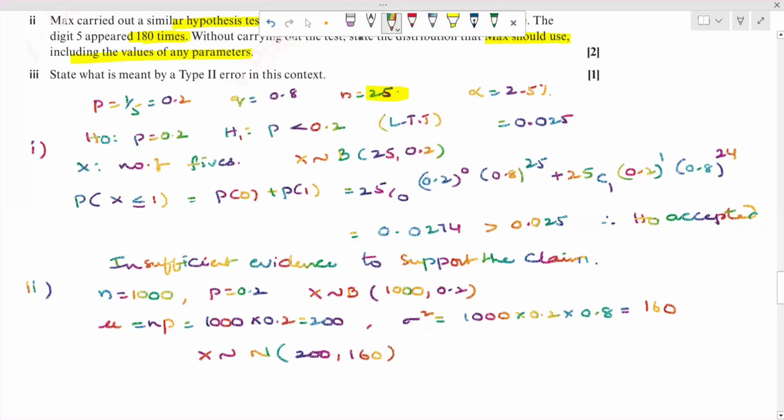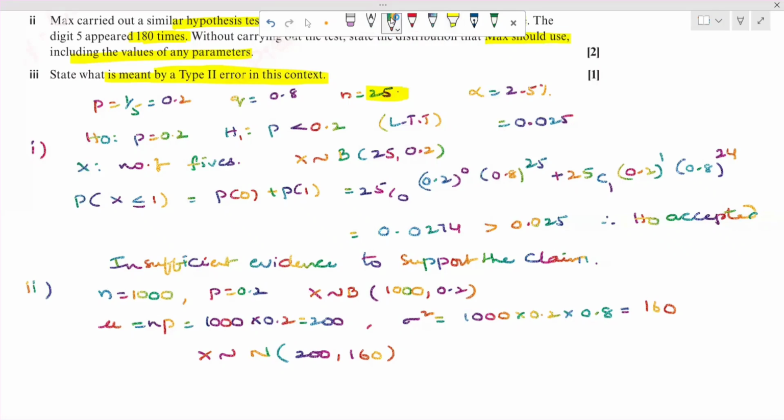That's it. Now the third question: state what is meant by a type 2 error. Type 2 error means a false H naught is accepted. If H naught, the null hypothesis, is false, it will be accepted over here.